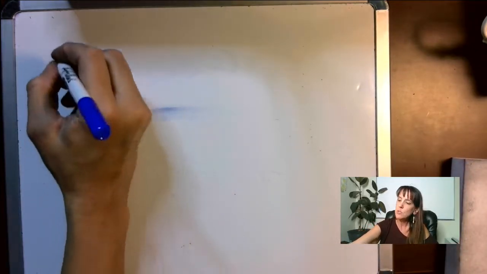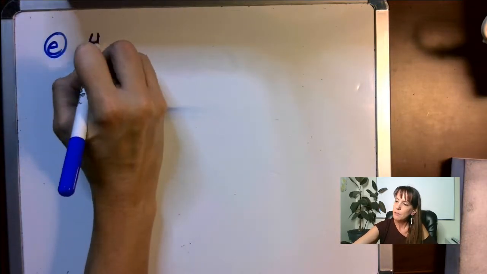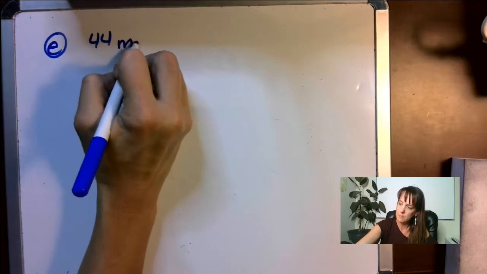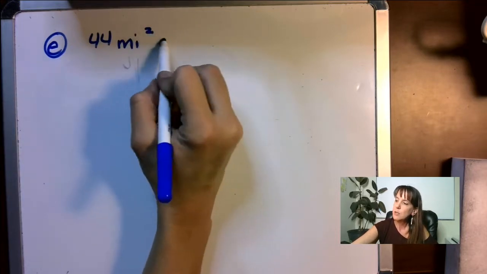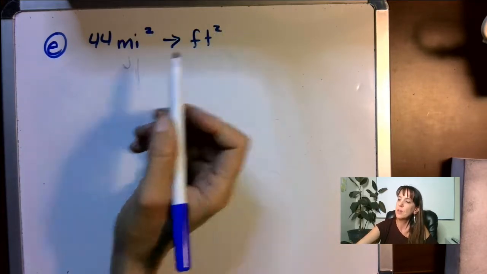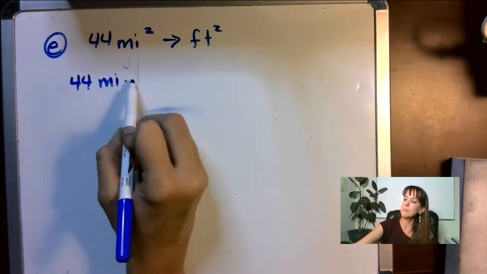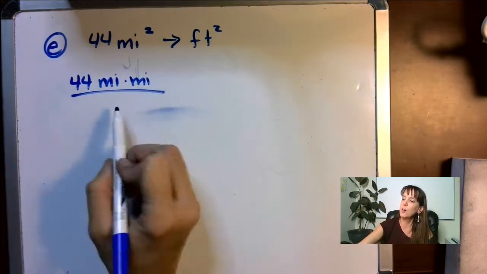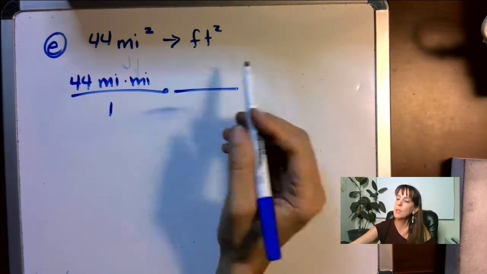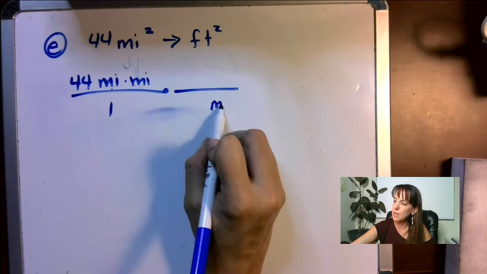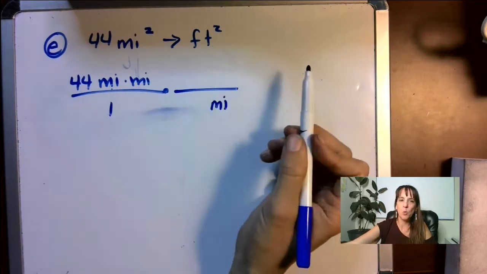All right. E, use 2 unit multipliers to convert 44 square miles, I'm going to write miles squared like this, to feet squared. So we're going to do 44 miles over 1 times, miles are going to need to go in the bottom here. So miles, and I need it to equal 1, so I'm going to feet.